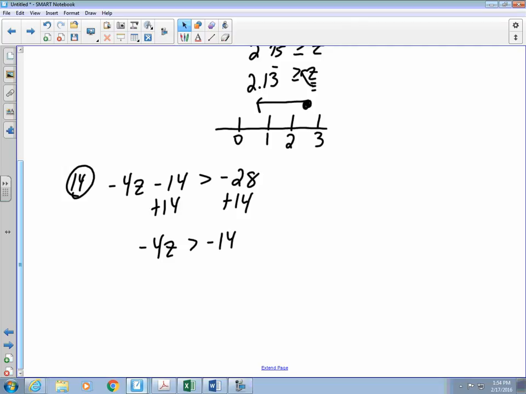Maybe I'll color code it. Very important: to get z by itself, you are dividing by a negative. So that's the one red flag. The other one would be multiply by something. But that sign needs to be flipped.